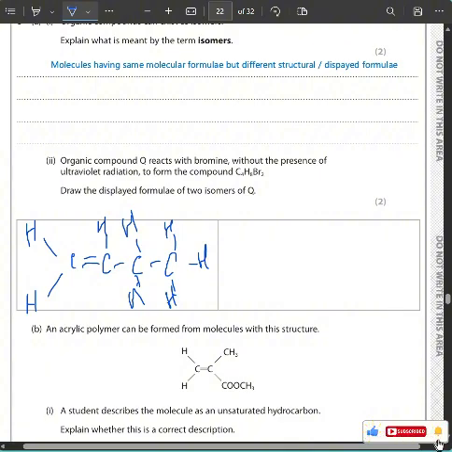And for the second structure we'll draw like that: double bond, three hydrogen here, one hydrogen here, one hydrogen here, and three here.